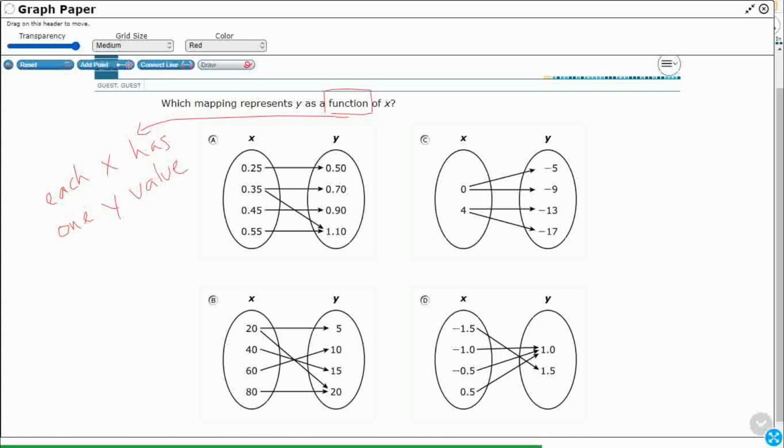So if we were to graph these, we might see points all over the place, but we wouldn't see two y values on the same vertical line for x.